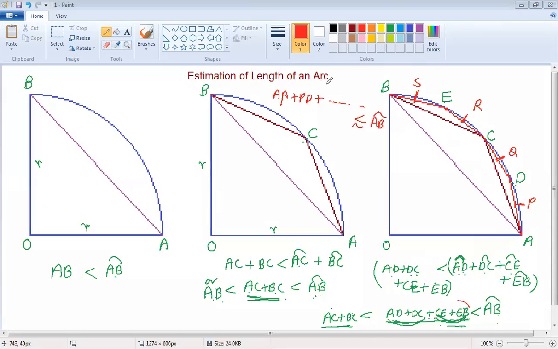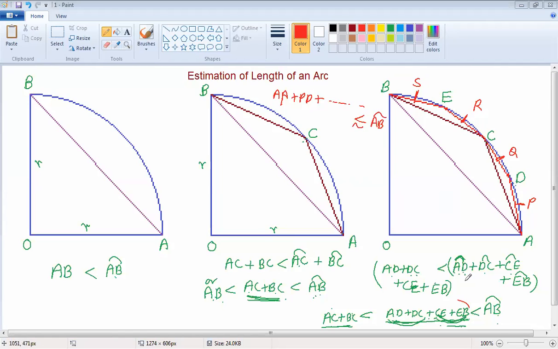Sir, yes. So what we see, the gap between arc AD and straight distance AD is there, but a very small gap. Similarly, CD arc and CD straight distance, CE arc and CE straight distance, and EB arc and EB straight distance.